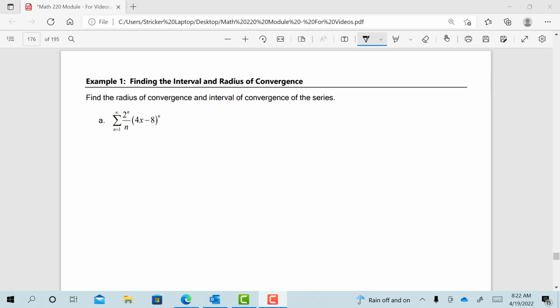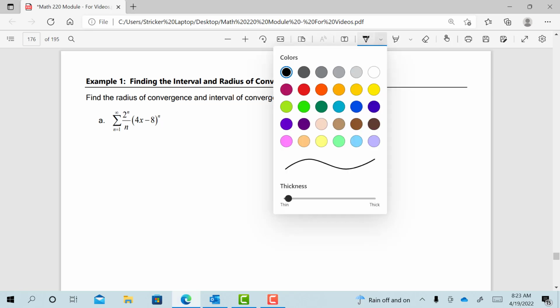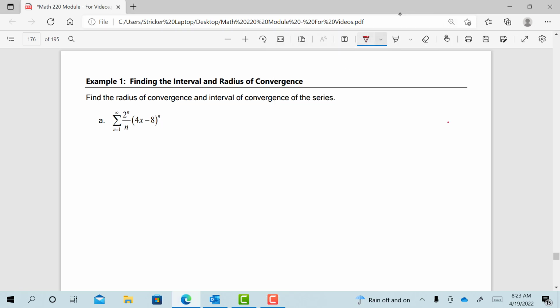And so just to begin with, before we jump into that, let's real quick talk about how we find the center of the interval, if there is an interval. All you do for that is you take the part that is raised to the nth power that has the x in it, and you set it equal to 0.